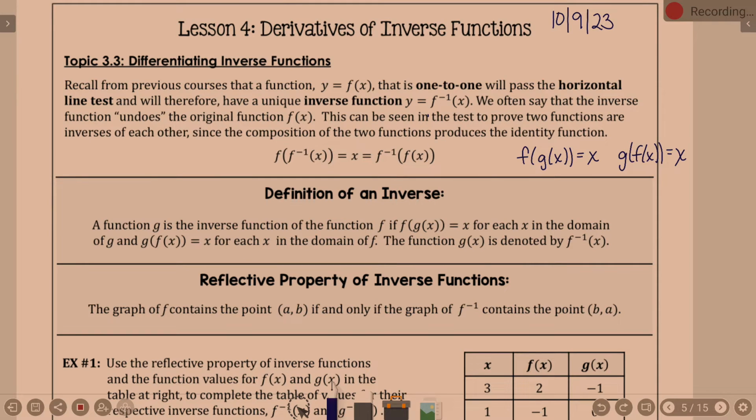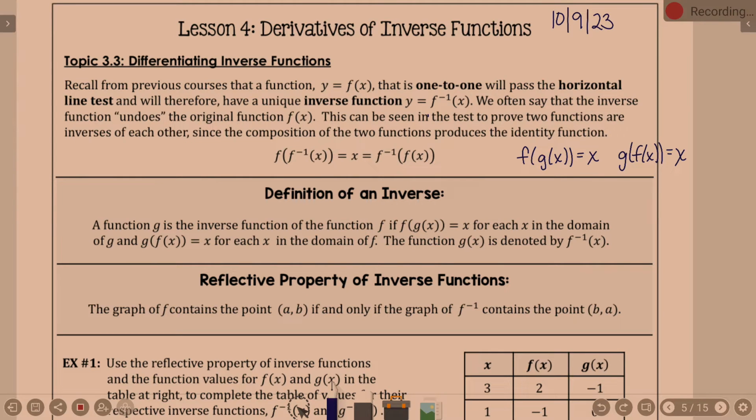A function g is defined as the inverse function of the function f if f of g of x equals x for each x in the domain of g, and g of f of x equals x for each x in the domain of f. It's very typical in calculus for a problem to start by saying, let the inverse be defined as g of x.